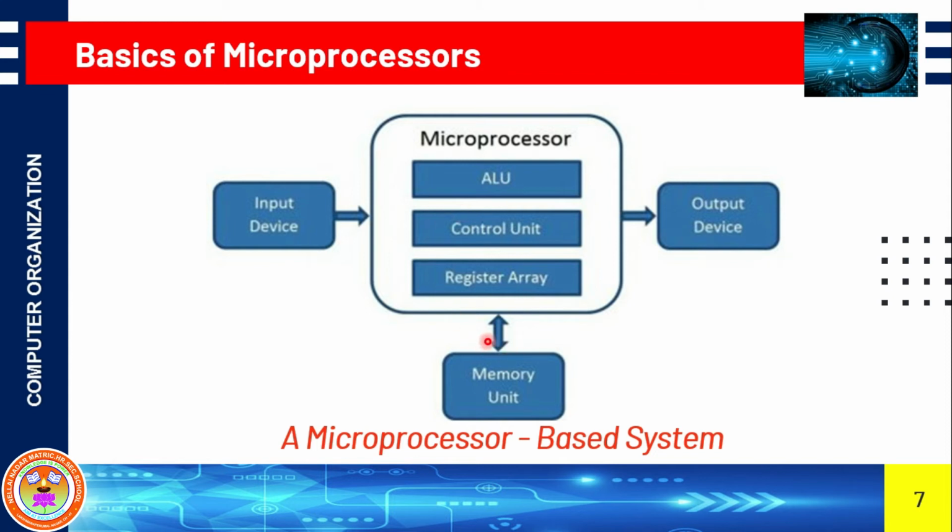Then it is ready to be processed under the control of the microprocessor, and all the input data is ready to execute as per the user's instruction. Whether it is the ALU or the control unit, whatever it is.